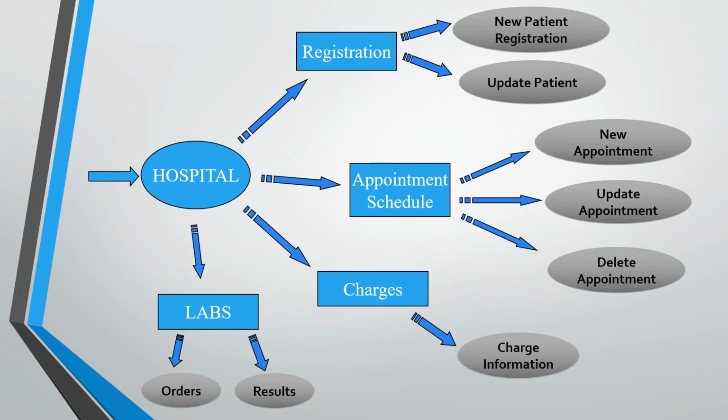Now that we have seen the message codes for each category, registration, appointment, charges, and all, we will see how these events are represented in terms of HL7.